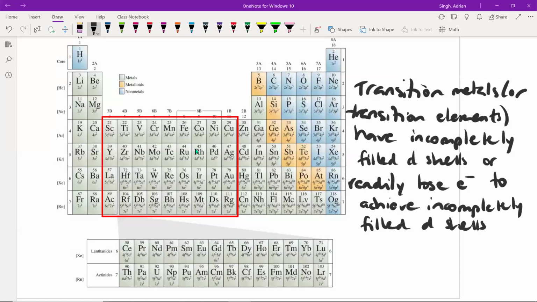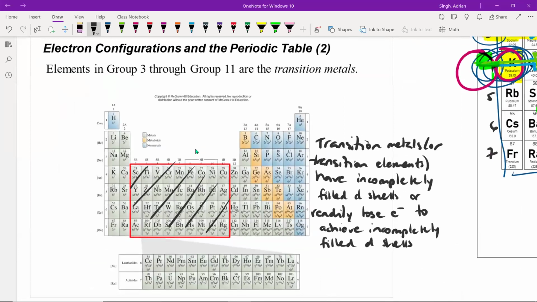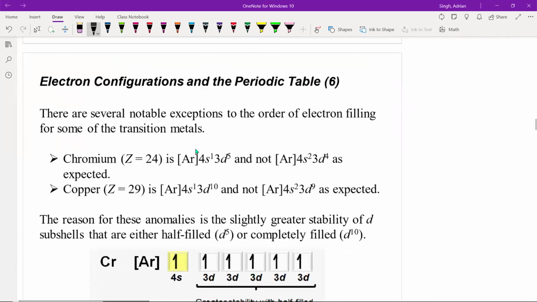Really, it's the first 9 columns here in the D block that actually can be classified as the transition elements or the transition metals.